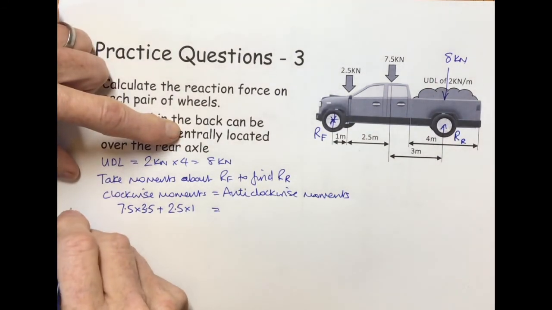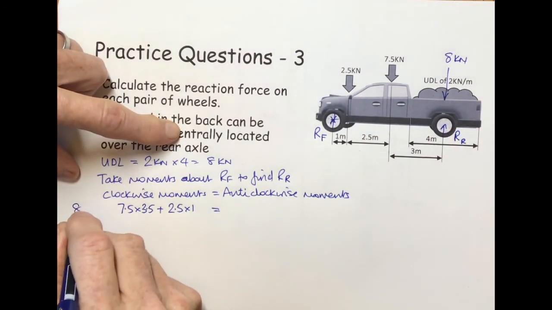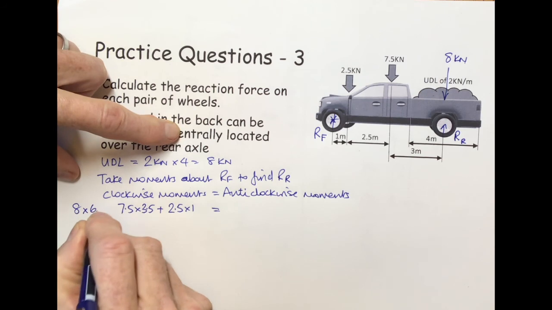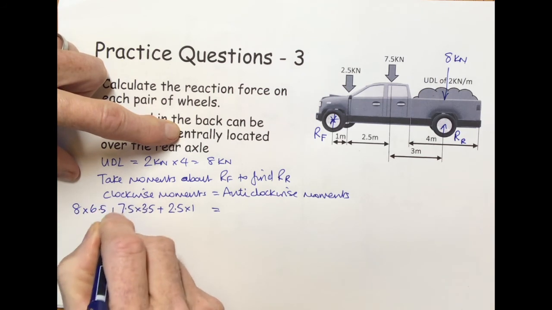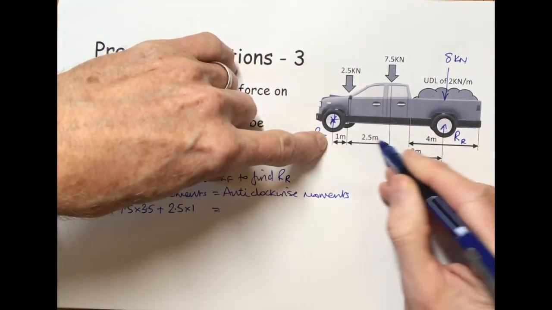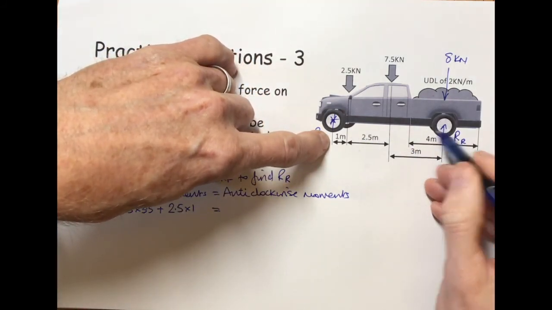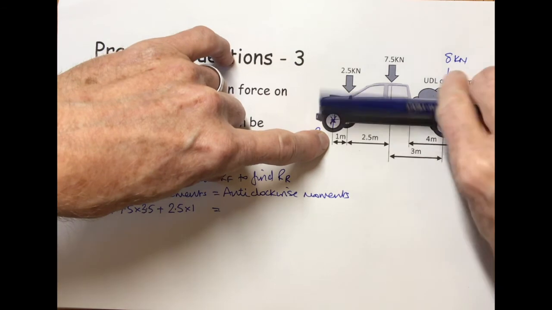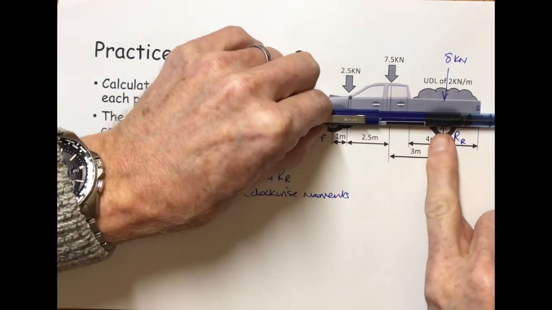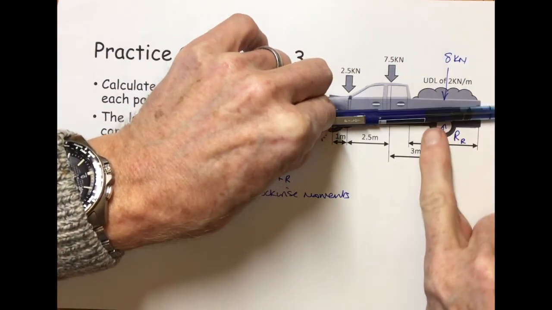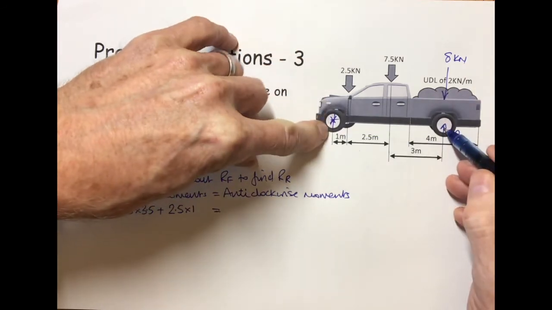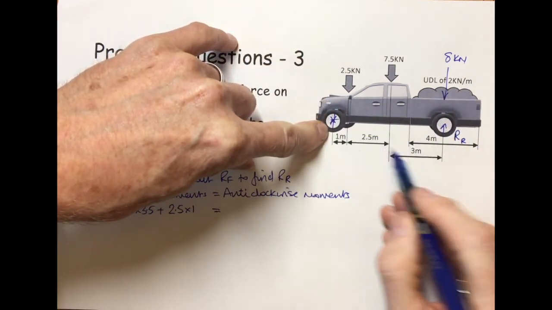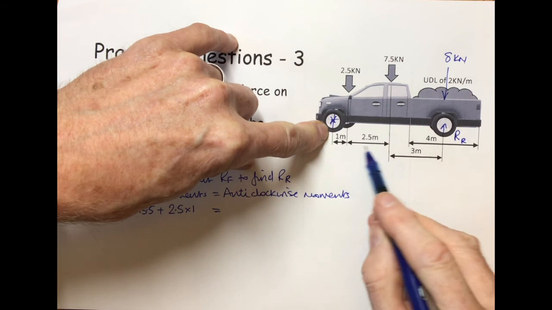So we've got here 8 times 6.5, that's 6.5 there. The only anti-clockwise moment on this is the reaction force here pushing upwards, and that distance there is 6.5 as well.